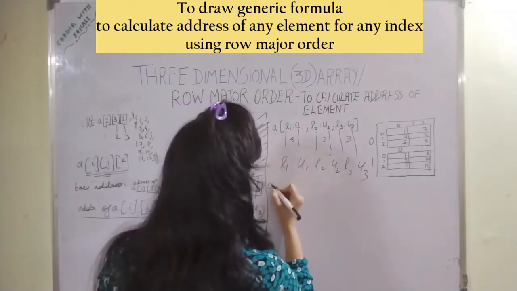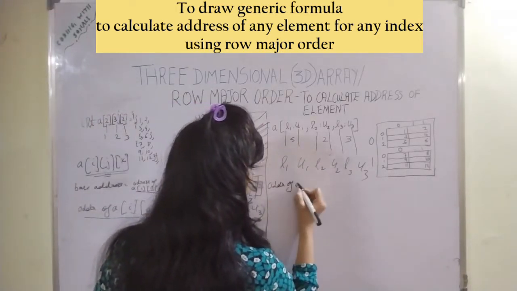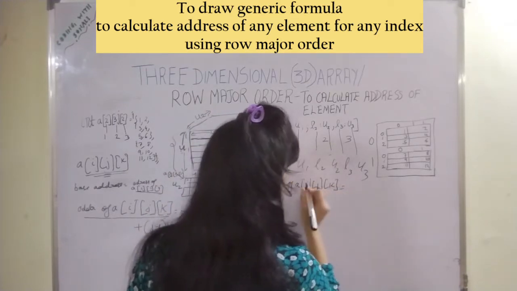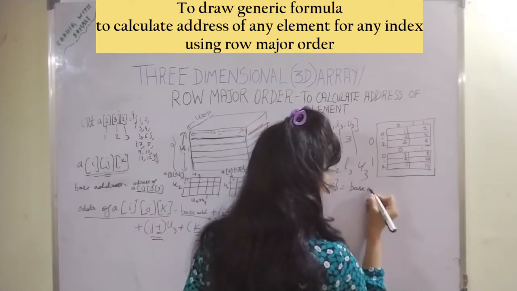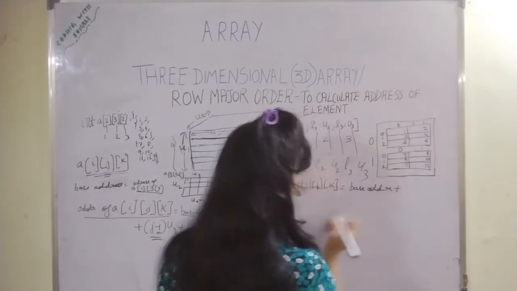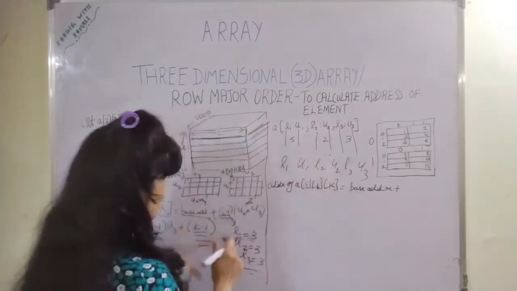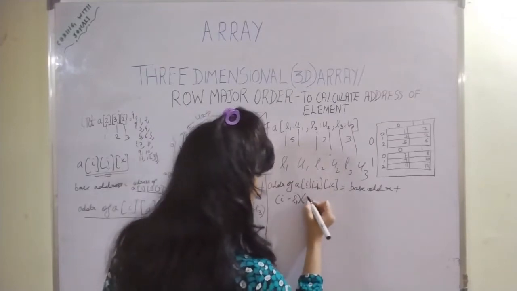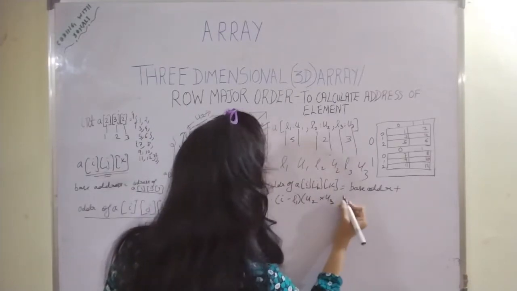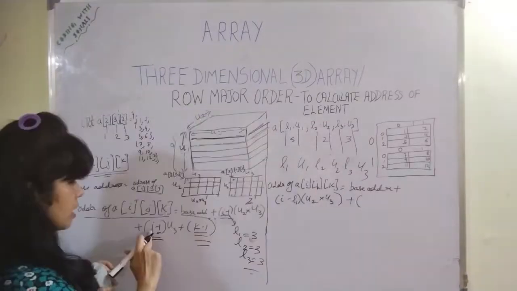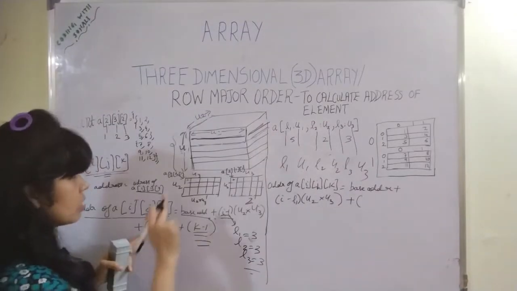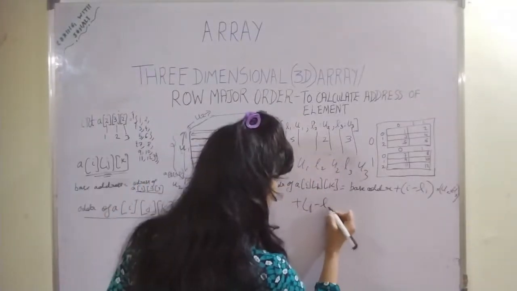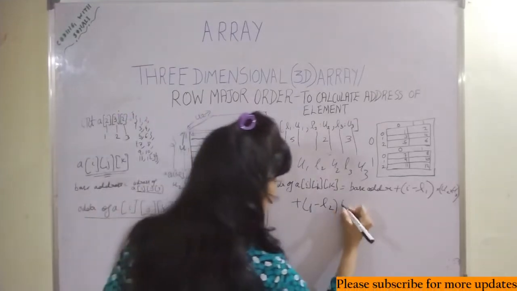So the change will be: address of A[i][j][k] will be simply the base address that we know. We have to add the base address plus (i minus L1) into U2 into U3, then plus (j minus L2), where j is for the second dimension and we are representing its lower boundary as L2, and this will be multiplied by U3.